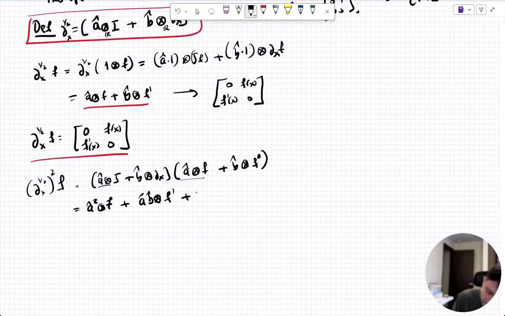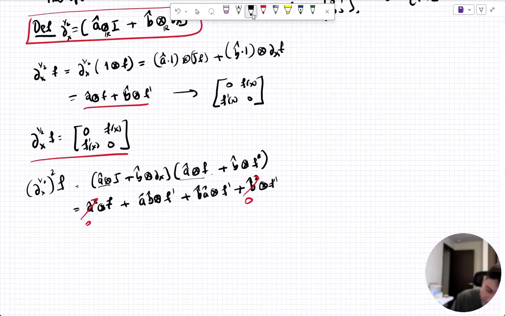Plus BA tensor derivative acting on f is f prime of x, plus B squared tensor derivative of f prime is f double prime, right? Well, we know that B squared is 0, so that cancels. We know that A squared is 0, so that cancels.